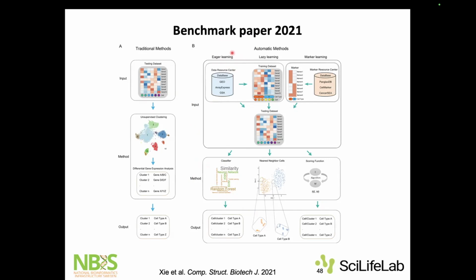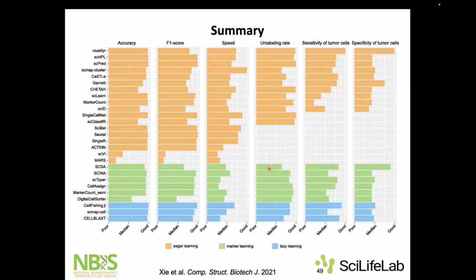Some of them they call eager learning: those that were classifiers using, for example, SVM, random forest, or neural networks. Those that depend on nearest neighbors, they call lazy learning. And those that depend on a scoring function they call marker learning. I didn't go into the details here, as we have so many slides, so I removed them.